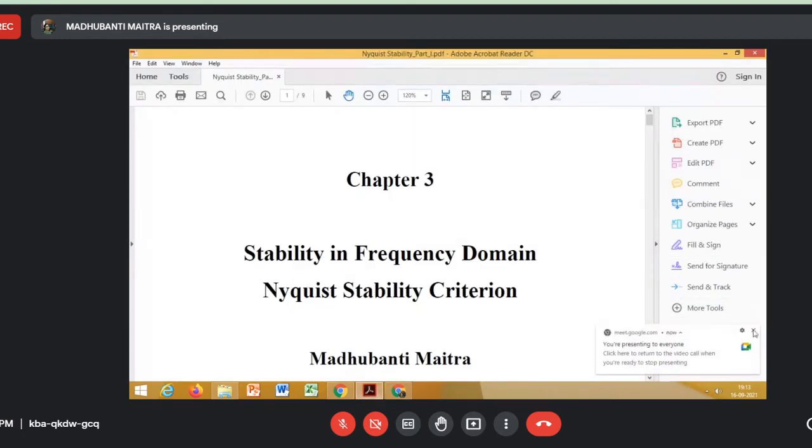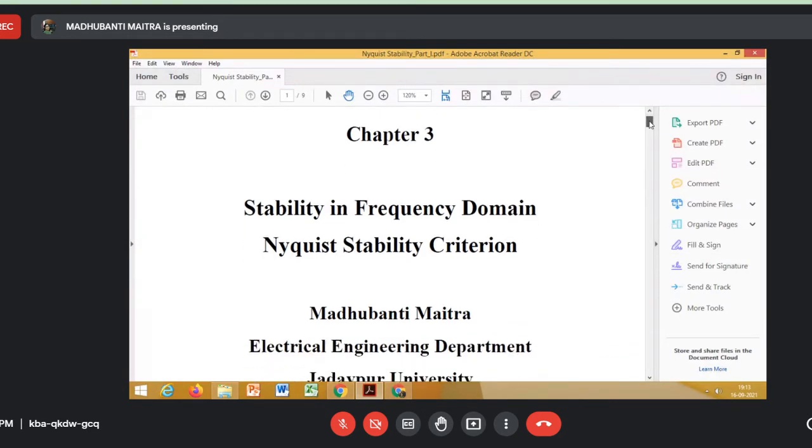Okay, the next chapter, the third chapter, is on Nyquist stability criterion. Nyquist stability criterion is a stability criterion based on frequency domain. That's why it's written over here, stability in frequency domain, Nyquist stability criterion.